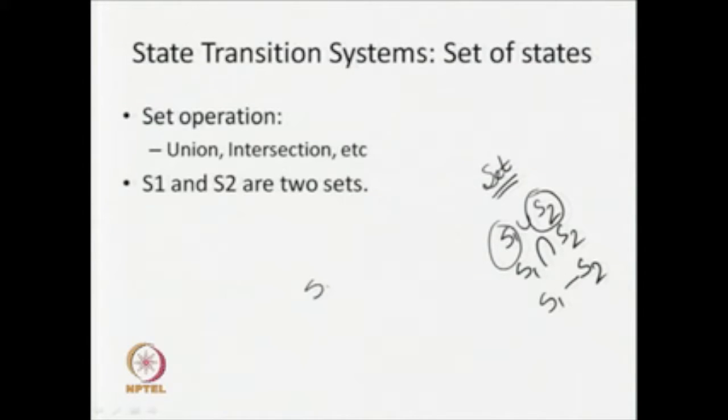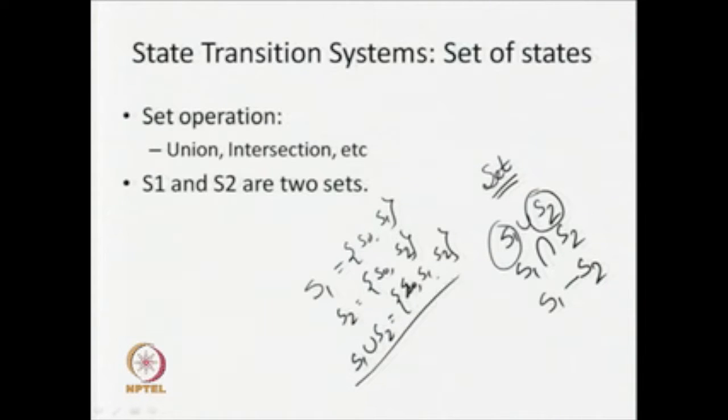We know S1, say it is S0, S1, and we know S2, say this is S1, S2. So, if I take S1 union S2, then basically this is S0, S1, S2. First I can calculate this union, then I can construct the ROBDD for this union.